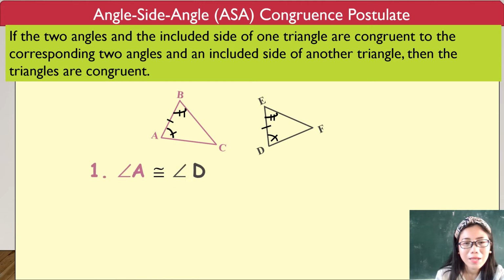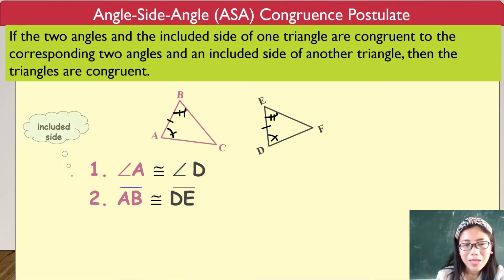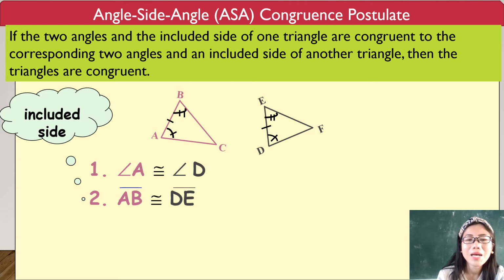From these two triangles, you have your angle A is congruent to angle D, an angle. Second, segment AB is congruent to segment DE, which are included sides.